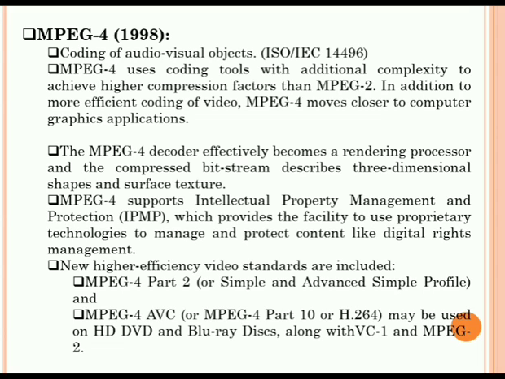The MPEG-4 decoder effectively becomes a rendering processor, and the compressed bit stream describes three-dimensional shapes and surface textures. MPEG-4 supports intellectual property management and protection, IPMP, which provides the facility to use proprietary technology to manage and protect content, like digital rights management.